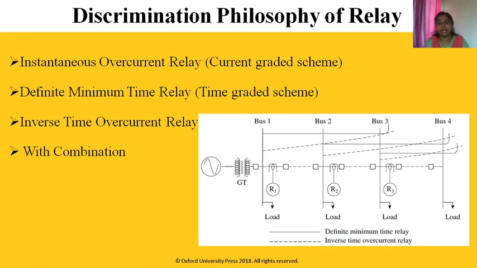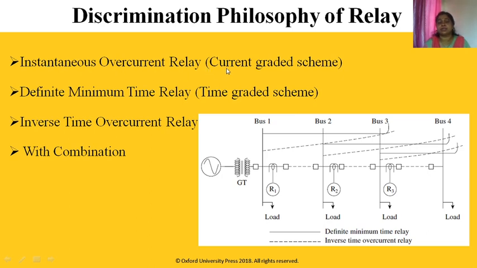In our current protective scheme we have three schemes: current graded scheme, time graded scheme, and a combination of them. For that we have different characteristics: instantaneous over current relay, definite minimum time over current relay, inverse time over current relay, and for this, the IDMT relay. Now one by one we'll see the instantaneous over current relay.